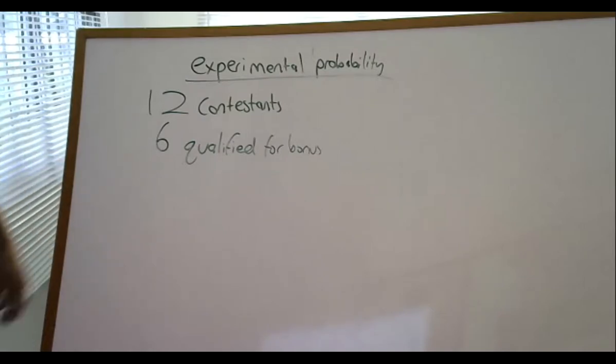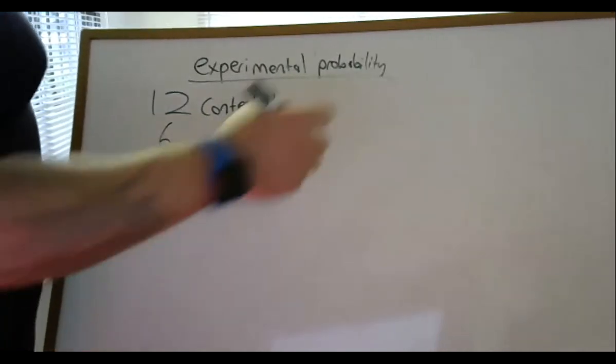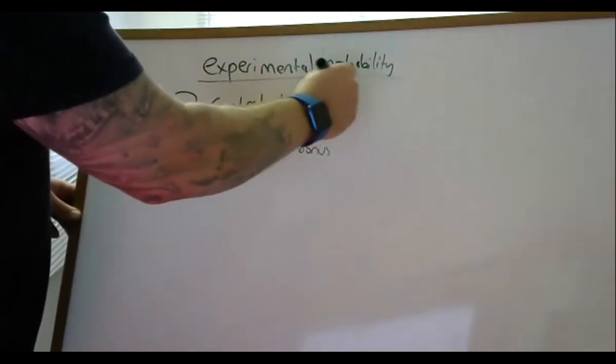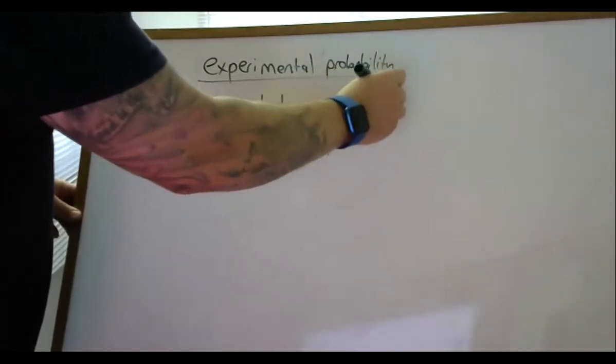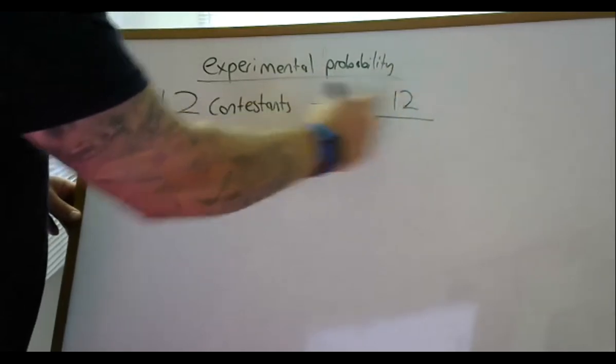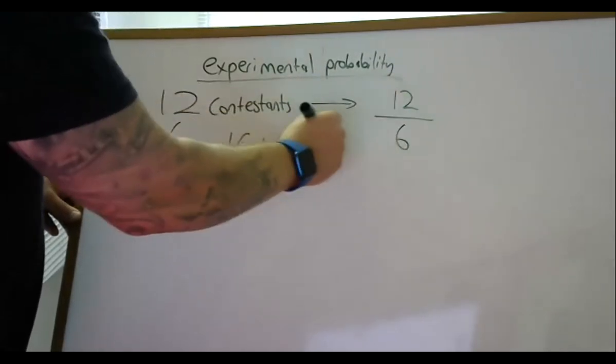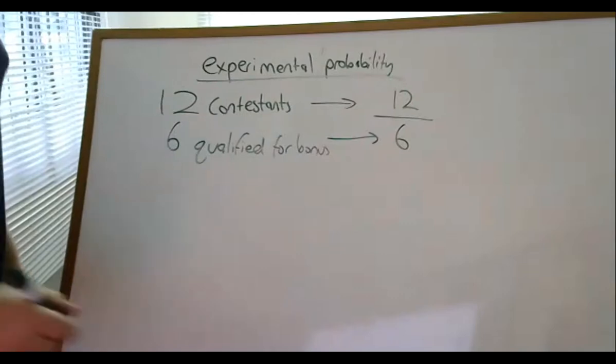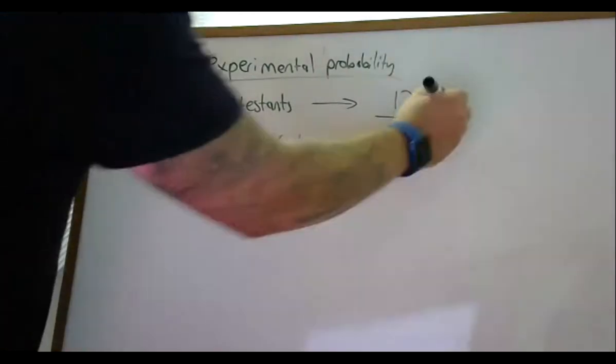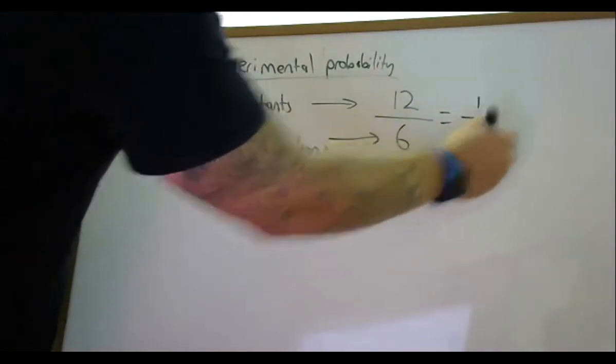So Izzy says 50%. Very good. So we take the total number divided by what we're trying to figure out. 1 over 2.